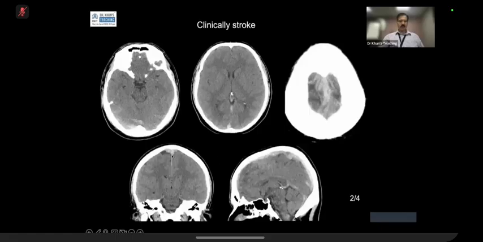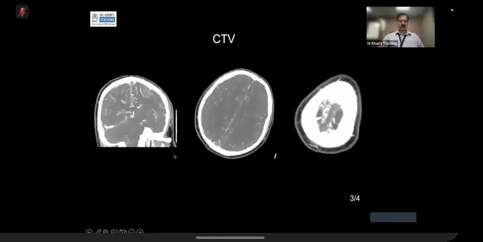And the key finding here on the coronal, you can see that the superior sagittal sinus is high density and some of the cortical veins are high density. When we give contrast, you can see that this is the superior sagittal sinus, and it is not enhancing, it is completely thrombosed. And this is what we call empty delta sign.